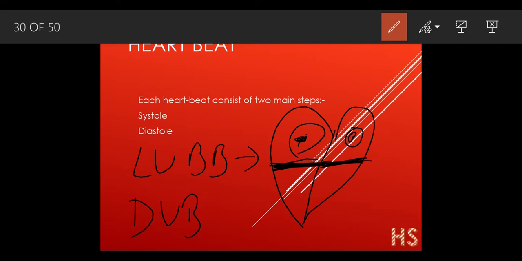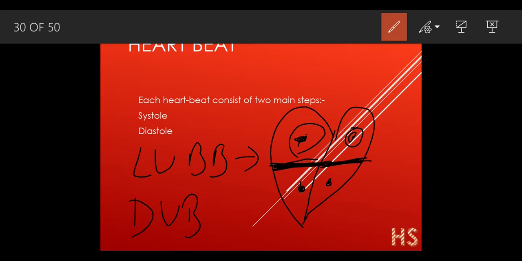This dub sound is produced when the blood is in the ventricular part. When the blood is in the ventricular part, from the right ventricle it gets transported to the pulmonary semilunar valve, and when the blood is in the left ventricle, it transports through the aortic semilunar valve.